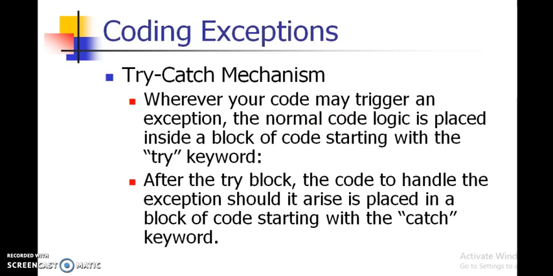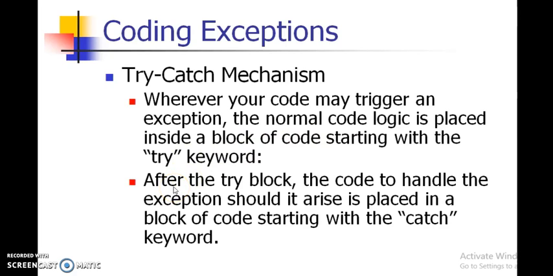It is one of the ways in which we can handle exceptions, which prevents the program from terminating abnormally whenever an exception occurs. So how do we use this try catch mechanism? Whenever you feel that your code may trigger an exception, include that code logic inside a block of code starting with the keyword try.